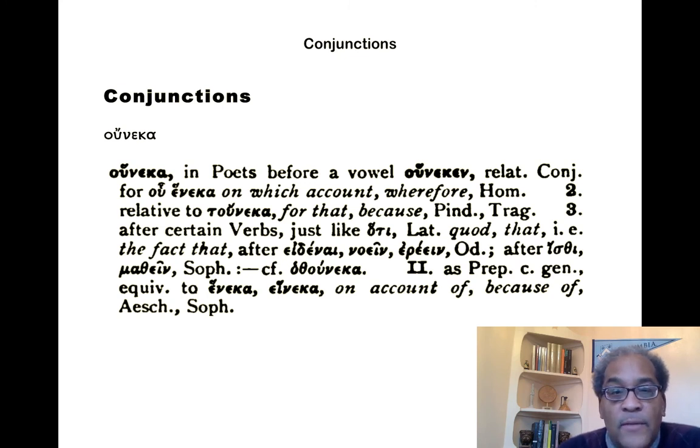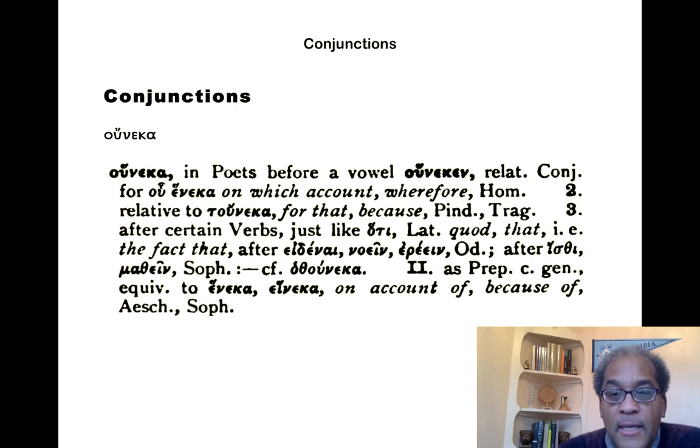It's a relative conjunction equivalent to hou heneka, on account of which, wherefore, in Homer. Okay. Secondly, the relative hunica means for that or because in Pindar and Tragedy. And third, after certain verbs, just like hoti, Latin quod, that, the fact that.